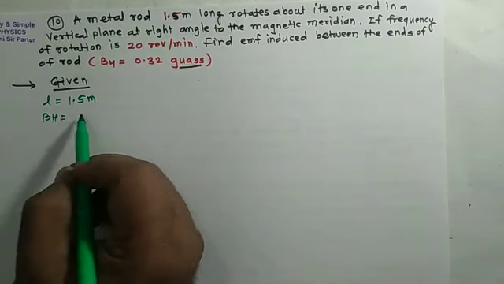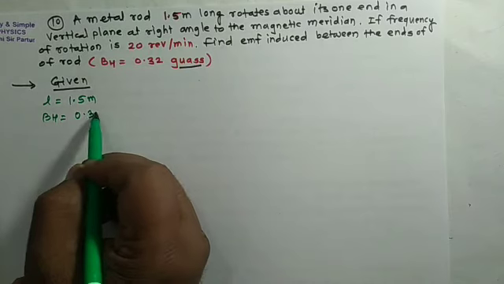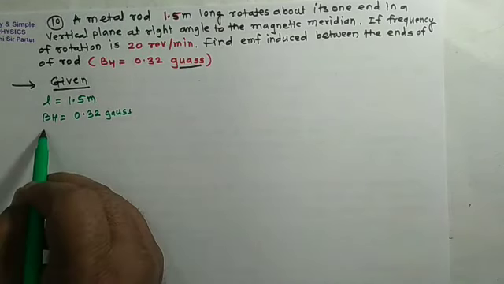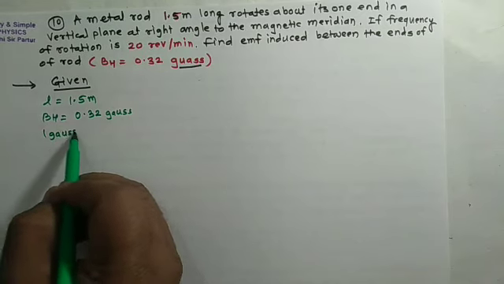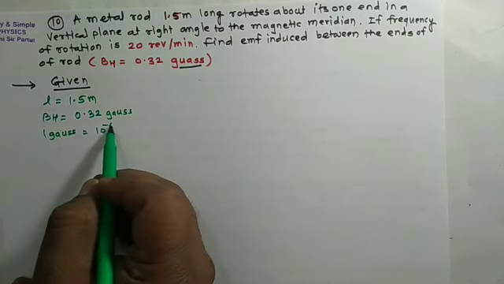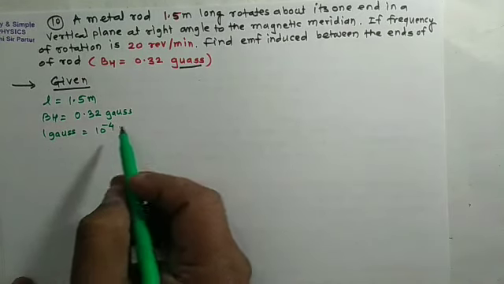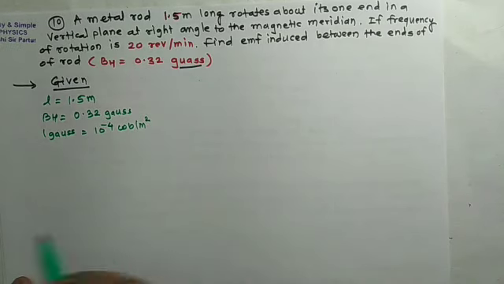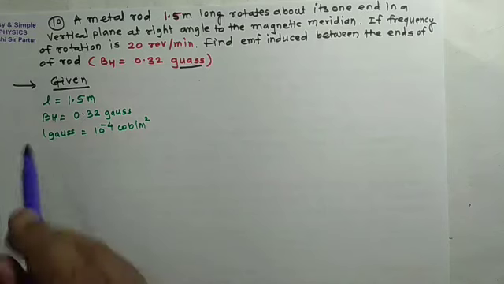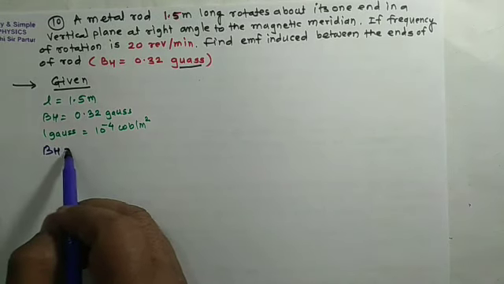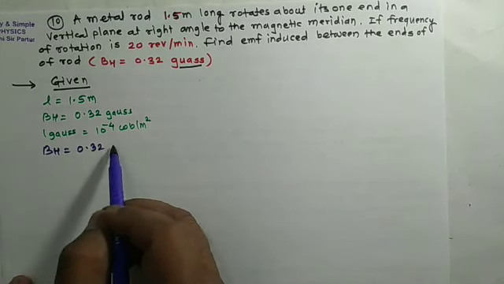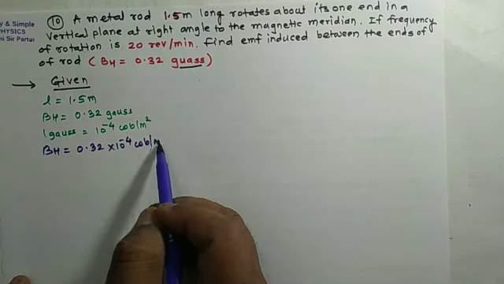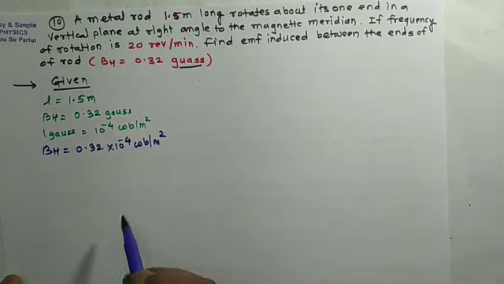So BH will be 0.32 Gauss. We know that 1 Gauss is equal to 10 to the power minus 4 Weber per meter square. So the value of BH is equal to 0.32 into 10 to the power minus 4 Weber per meter square.